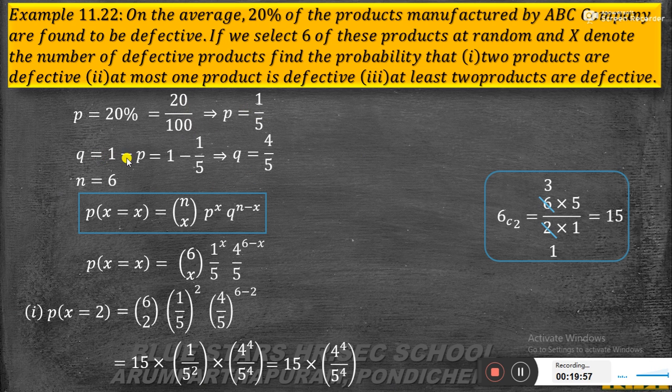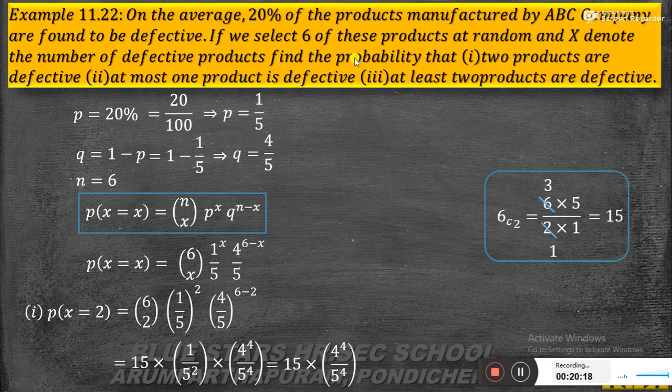Next q equal to 1 minus p, 1 minus 1 by 5. Doing the cross multiplication, 5 minus 1, q equal to 4 by 5. Next, if we select 6 of this product, n equal to 6 products at random, and x denotes the number of defective products.